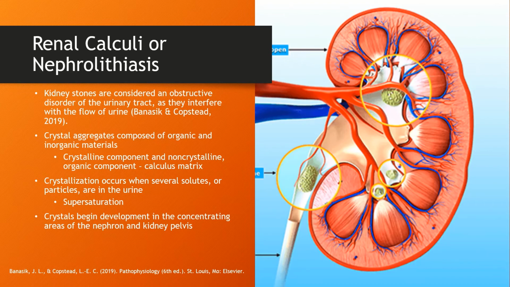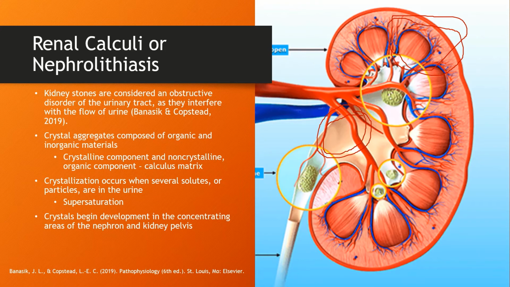Crystals begin development in the concentrating areas of the nephron, that's here, and also within the kidney pelvis, and that's right over here. Crystallization can be enhanced when someone is dehydrated or has a higher than normal level of solute or particles in their urine from excessive excretion.